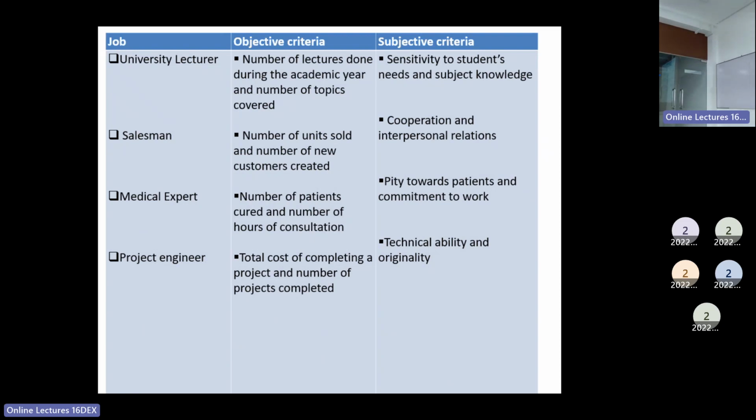Medical expert: number of patients treated. Project engineer: total cost of completing, number of projects completed, technical ability. Whatever the job, you should be able to develop objective and subjective criteria. Better to have both. Do not use only subjective criteria. You have to have objective criteria.